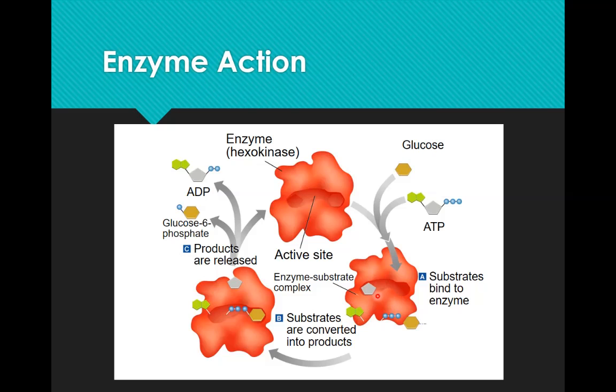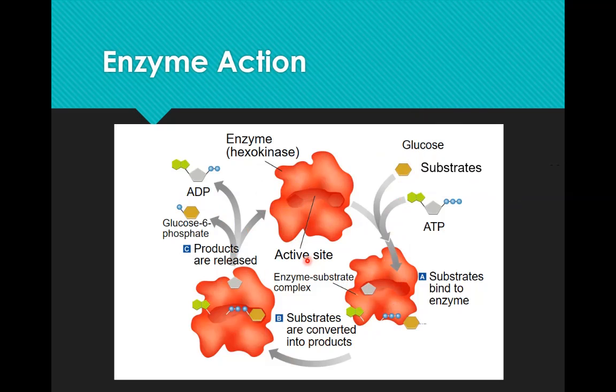When they're attached together, the enzyme substrate complex is the whole thing attached together. That's going to cause the chemical reaction to take place, and that's going to release the products out. So the product cycle is pretty much the same as it was before. We're just changing the name of the reactants to substrates because of the enzyme, and those are going to attach to the active site to create the enzyme substrate complex.